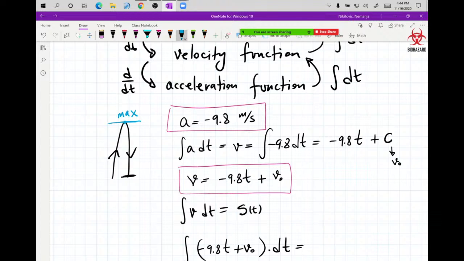Okay, what does it mean in numbers and equations for something to stop? Well, at maximum height, the velocity of the object is 0. So you would say, at max, velocity equals 0.